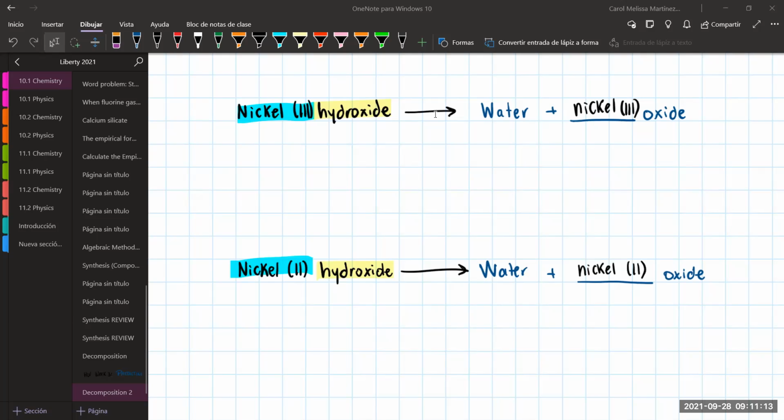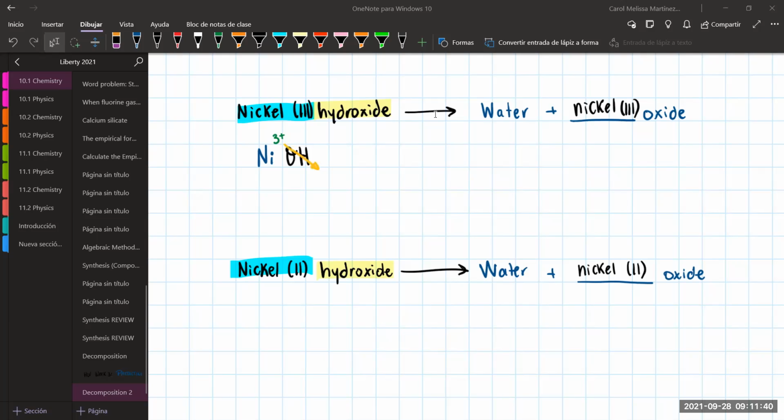So this is the prediction of the product, but I need to translate these words into formula. So nickel 3 hydroxide will be nickel with a charge of 3 plus and hydroxide with a charge of 1 minus. Okay, the charge of 1 minus, I will ignore it. I will just crisscross the 1 and the 3.